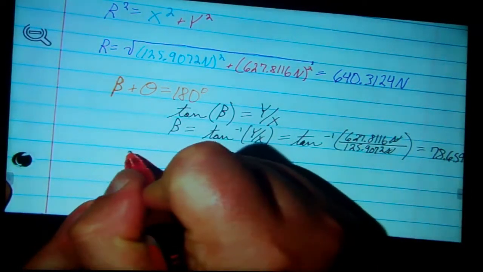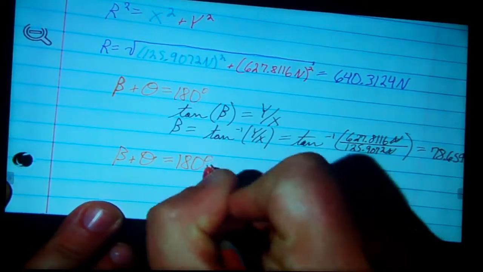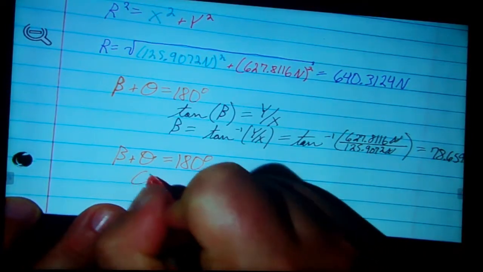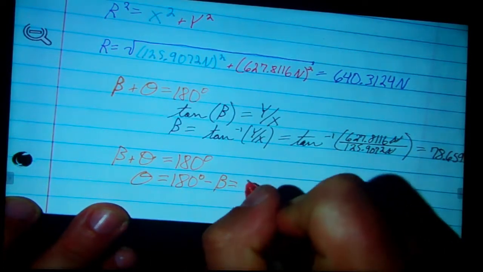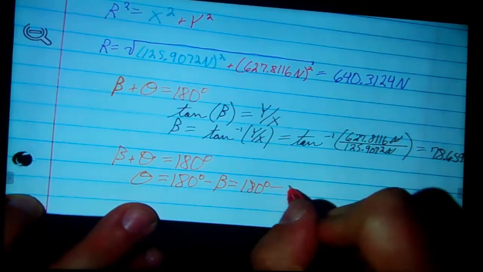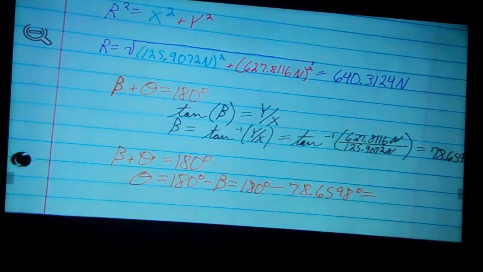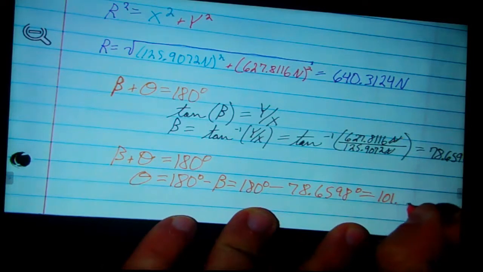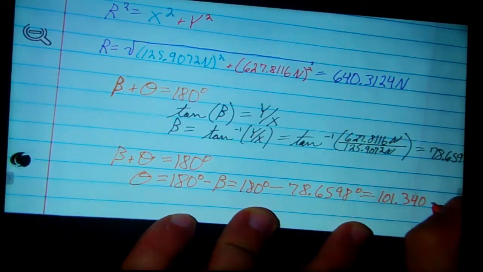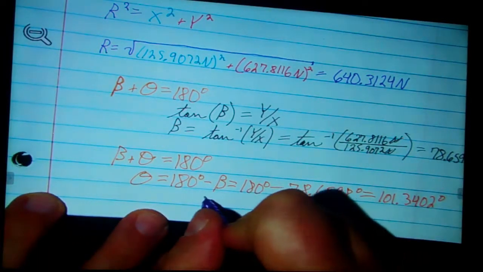Beta plus theta is 180, so theta is 180 minus beta, which we calculated to be 180 minus 78.6598. I get 101.3402 degrees.